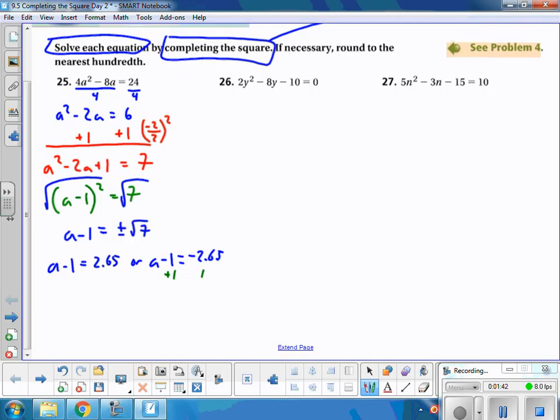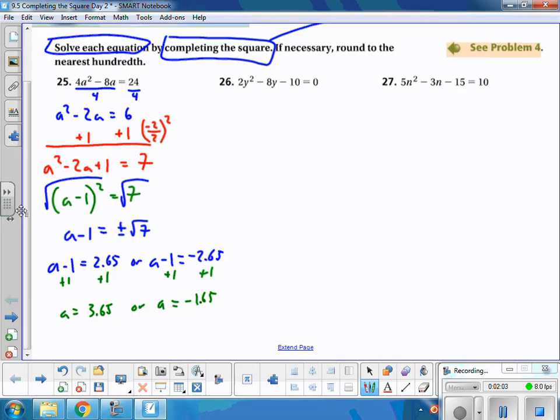And so if I add 1 to both sides, I end up with a equals 3.65, or a equals negative 1.65. So my answers for this equation are negative 1.65 or 3.65.